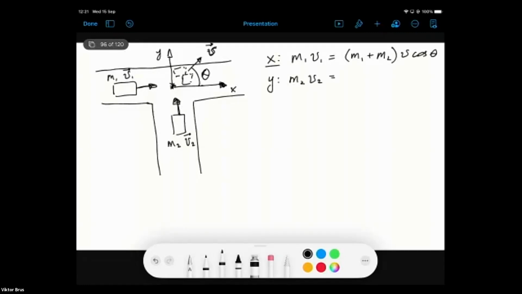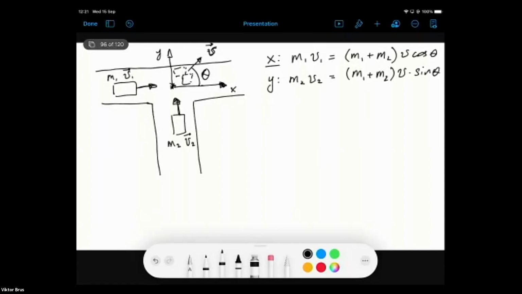And this is equal to the projection of m1 times v1, which is 0 on axis y. Here we have the sum of two masses, m1 plus m2, and v times sine theta, as you mentioned. Okay, now we have this set of two equations, which describes this perfectly inelastic collision of two cars in two-dimensional space.